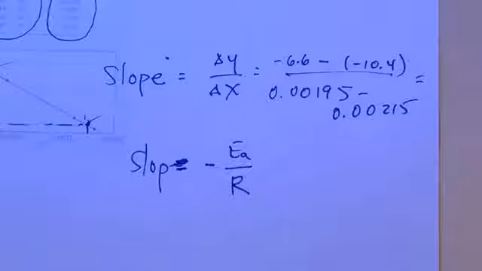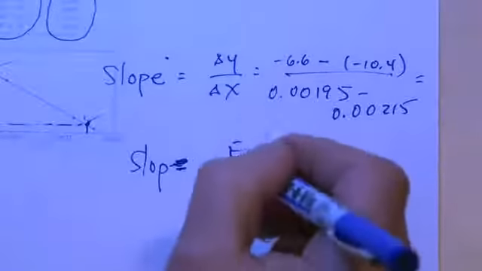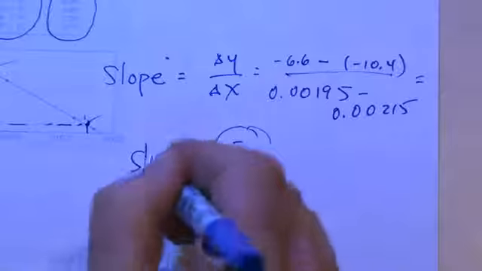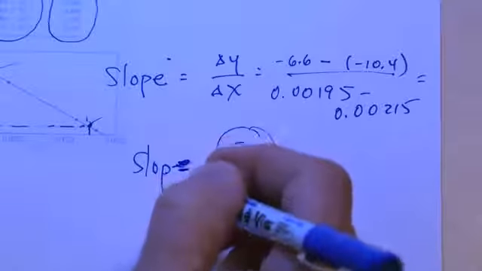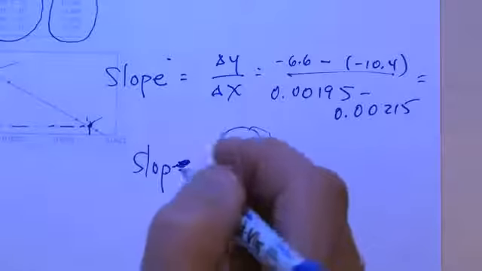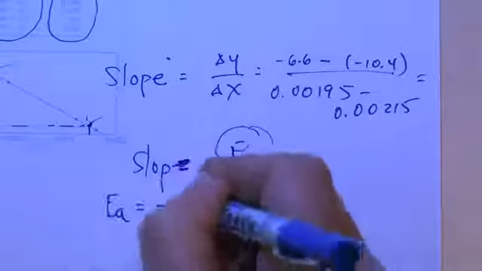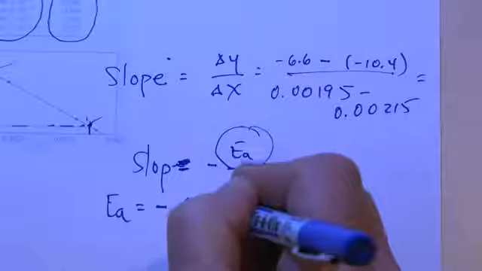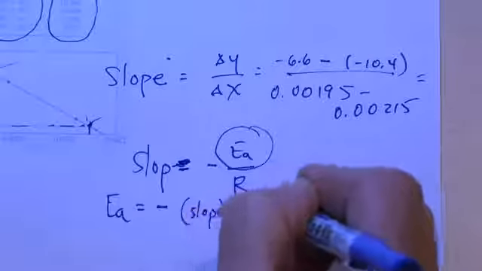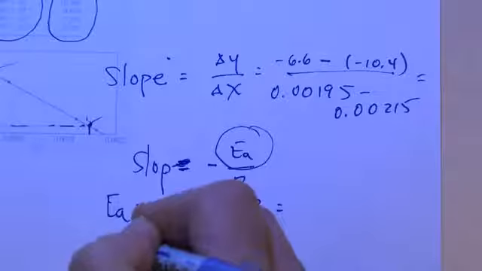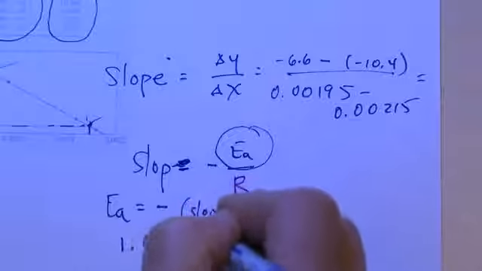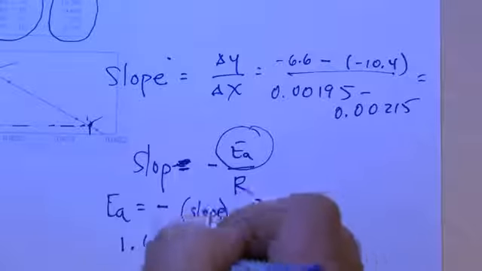And so after you solve for E sub A, after putting in the number for the slope, E sub A is equal to the slope times R, which turns out to be 1.6 times 10 to the second, and that happens to be in kilojoules per mole.